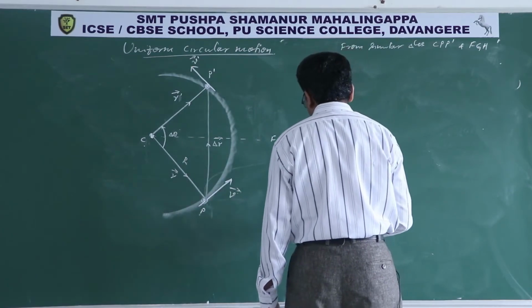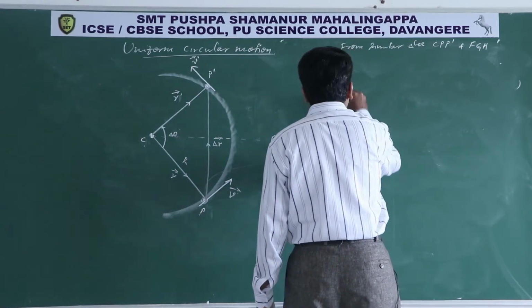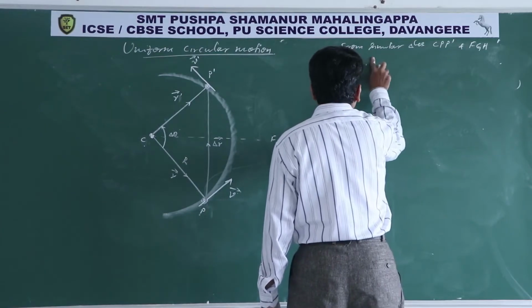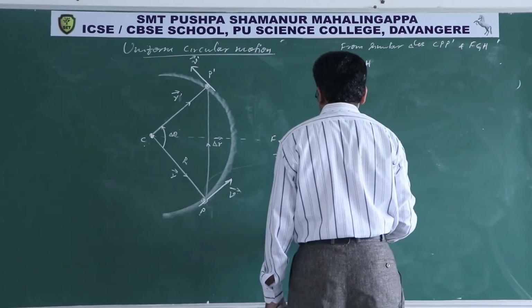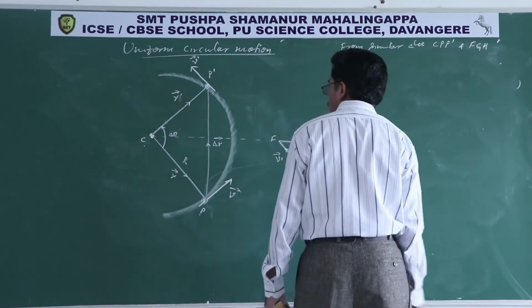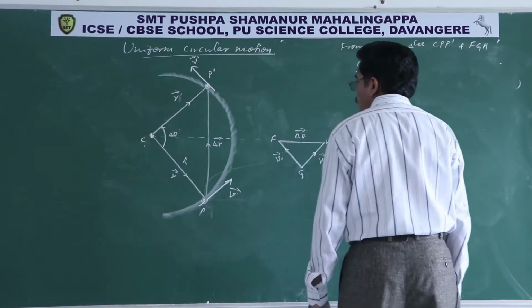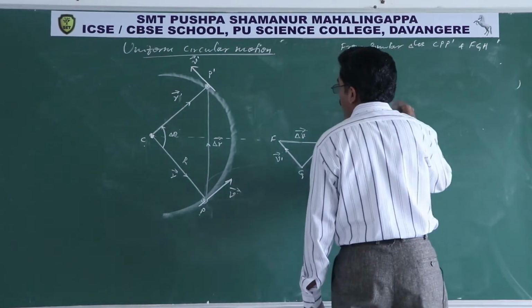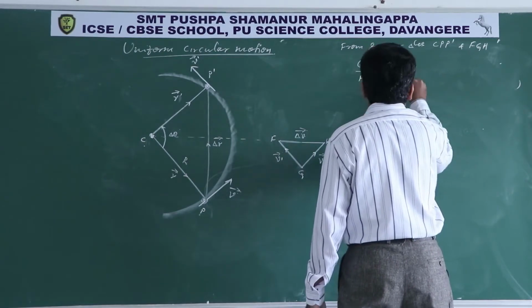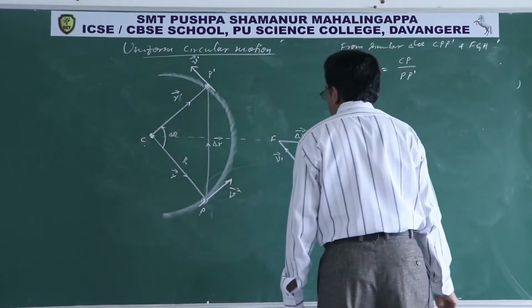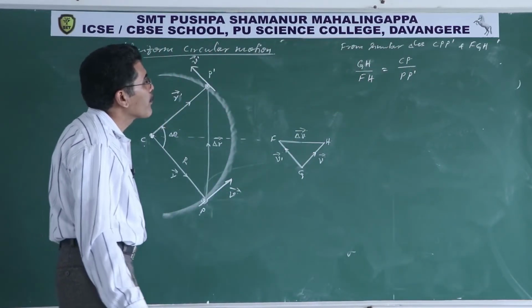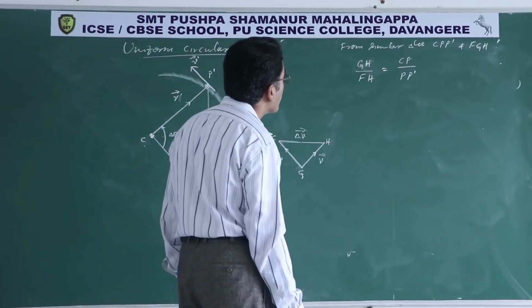From similar triangles, I can write GH divided by FH is equal to CP divided by PP dash, all right.